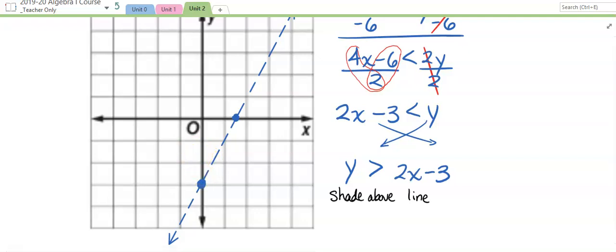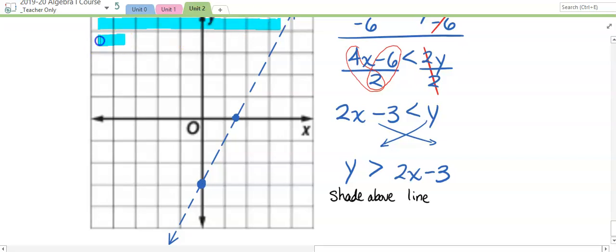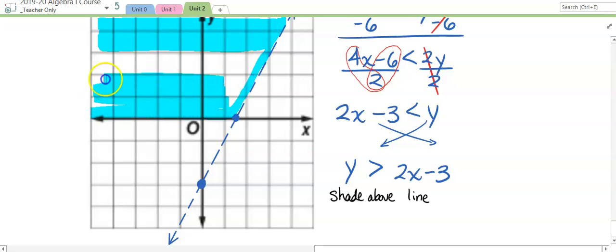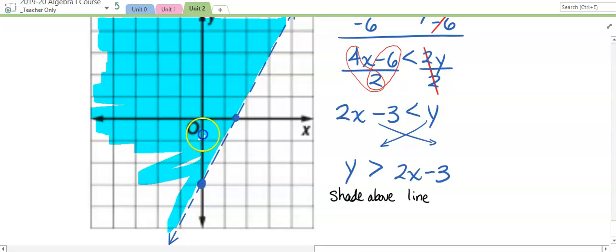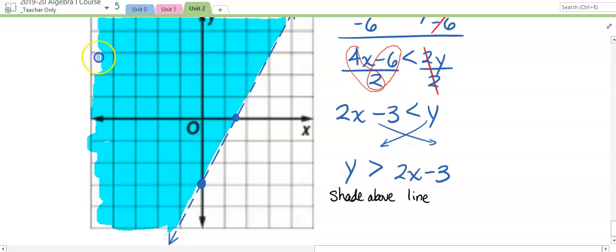Sometimes when lines are more steep than other lines, it's difficult to tell where above would be. So it will be on this side. Shade above the line. And that's really all there is to it to graph a linear inequality in two variables.